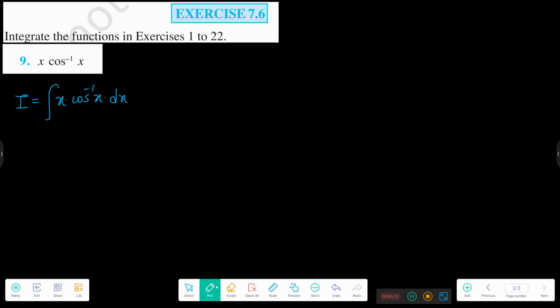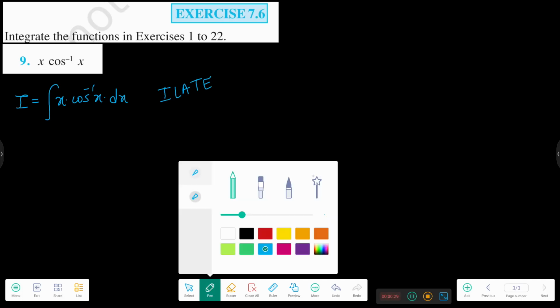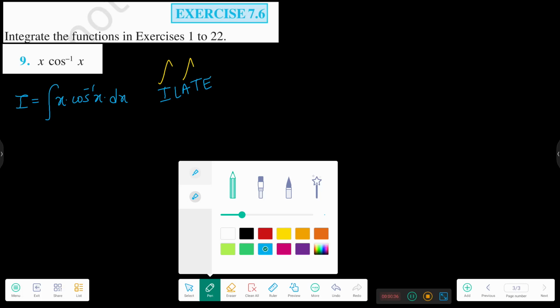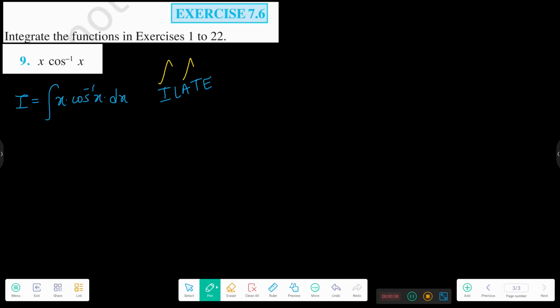Okay, so it looks like integration by parts only. Here x is the algebraic function and cos inverse is the inverse function, so first we have u is equal to cos inverse x, and v is equal to x.